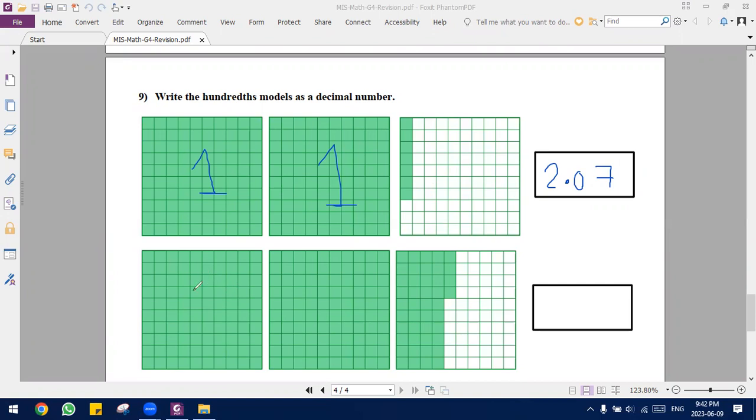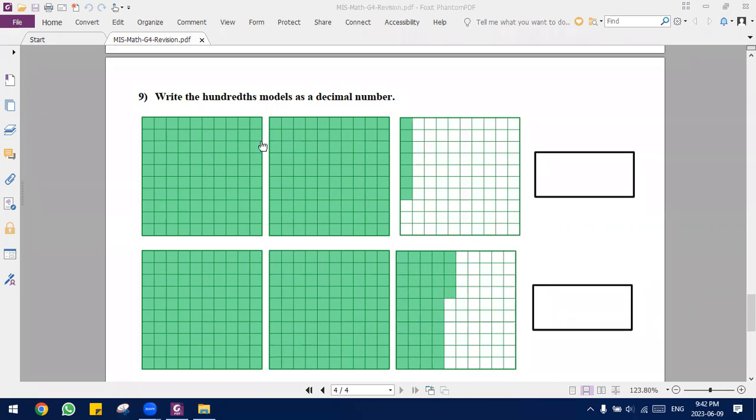Next one. Again, here I have 1. Here I have 1. And then here, let's check. 10, 20, 30, 40, 41, 42, 43, 44. 2.44, out of 100 here, the 44.